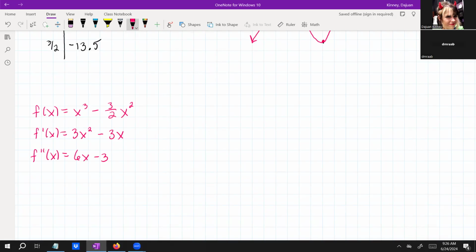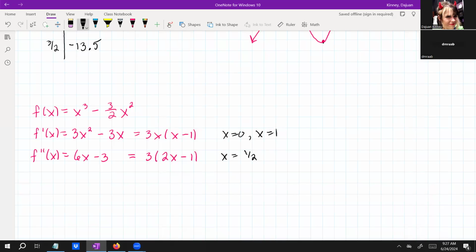Okay, I'm going to factor these. 2x minus 1. Okay. So my critical values, set them equal to 0 and solve, I get x equals 0, x equals positive 1, and x equals 1/2.